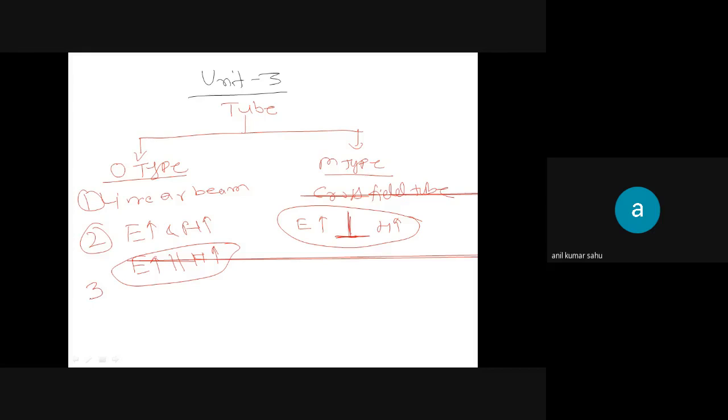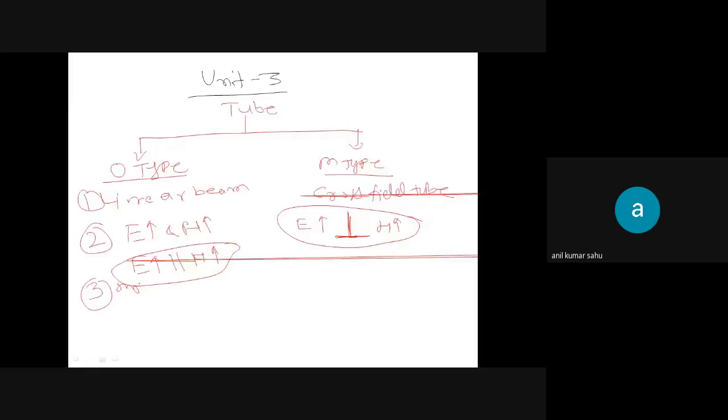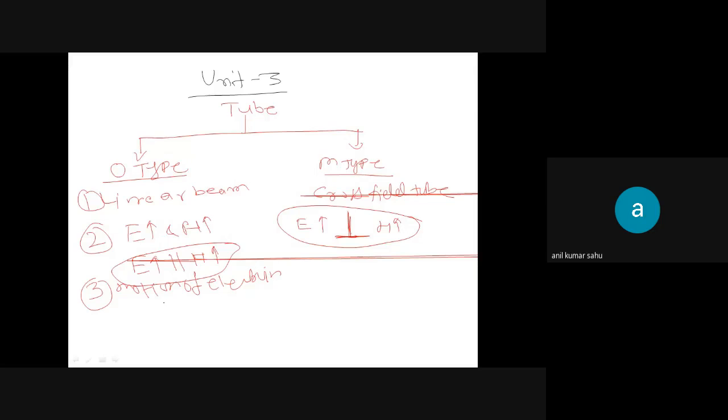Now for the linear beam tube, the motion of the electron is linear; it follows some axis.